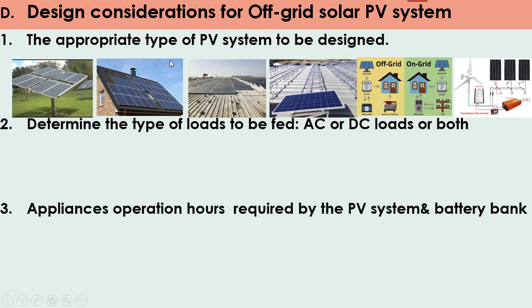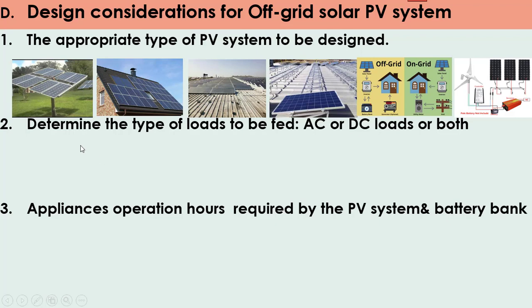So we must select the appropriate type, considering what we know about the components of the system, what we want to design, a small system or large system, and the place we want to install that system, or maybe our system consists of a photovoltaic system and another energy source such as a wind turbine as a hybrid system.